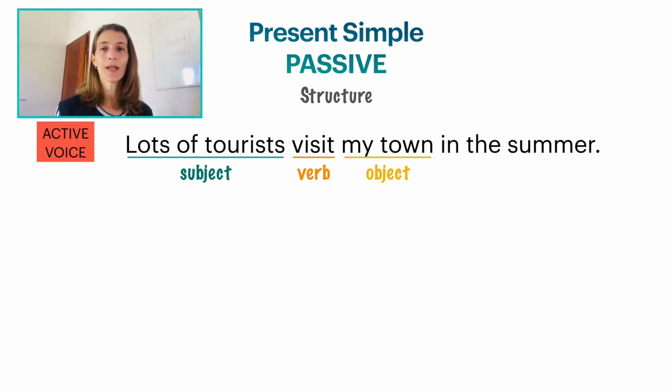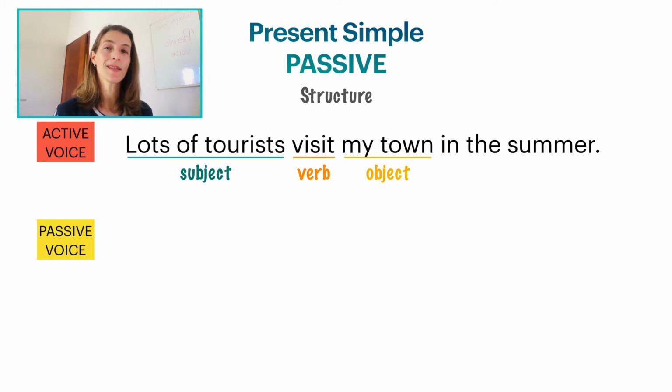¿Sí? Esa es la estructura típica, digamos, de una oración en voz activa. El sujeto, quien realiza la acción, el verbo, que es la acción en sí misma, y el objeto, quien recibe o es afectado por la acción. Okay? So, in the passive voice, yes, we change the order.